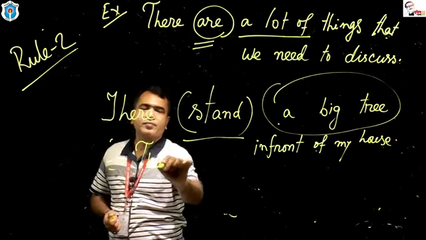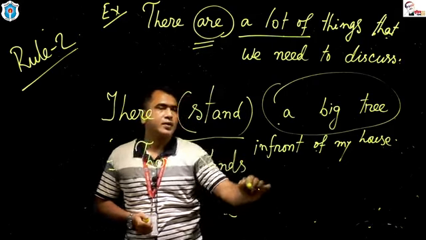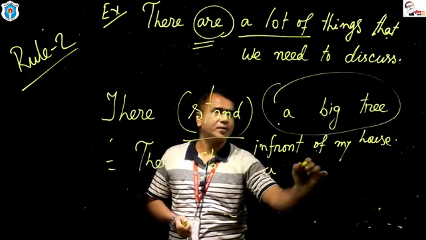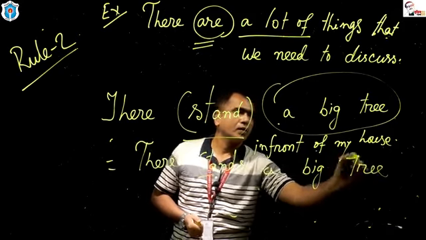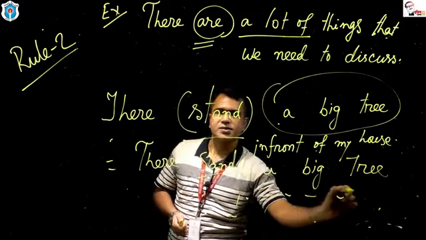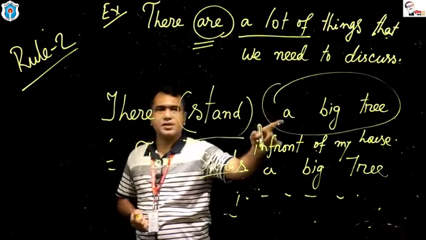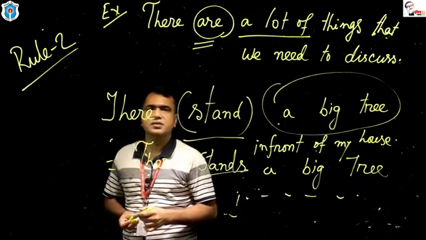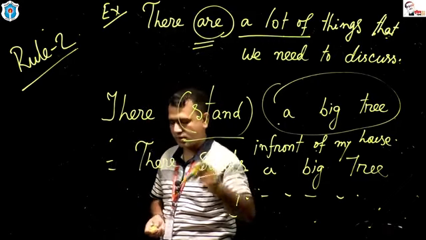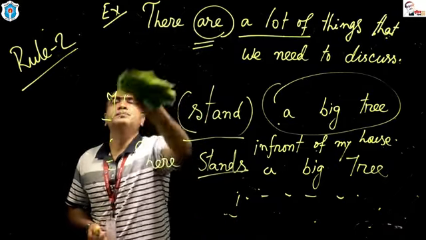So the answer should be: there stands a big tree in front of my house. So we should follow the subject that we use after there. If the subject is singular, our verb will be singular. If the subject is plural, our verb will be plural.